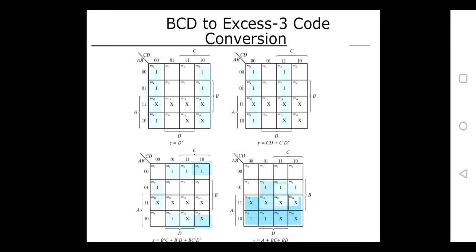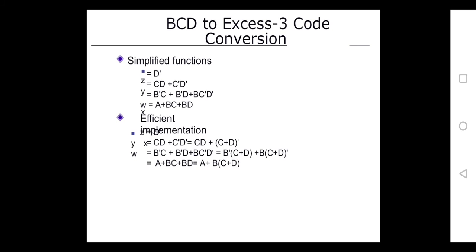From these expressions, we need to draw the logic diagram. The simplified expression we got for W is A plus BC plus BD. B is common between the second and third terms, so we can write it as A plus B(C plus D). Similarly, Y equals B bar C plus B bar D plus B C bar D bar.